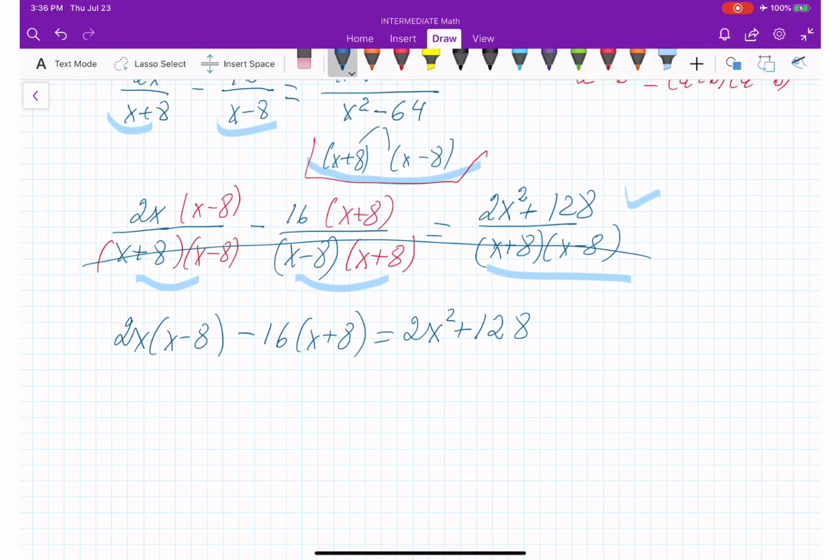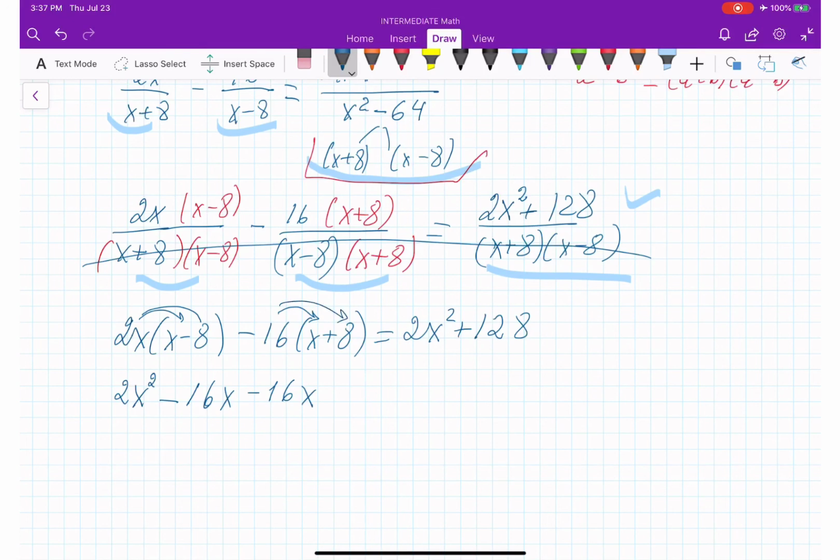So, what do we get? Let's multiply. 2x times x will be 2x squared, minus 2x times negative 8 will be negative 16x. Next, negative 16 times x, it's going to be negative 16x.